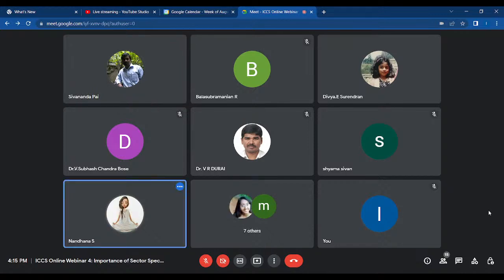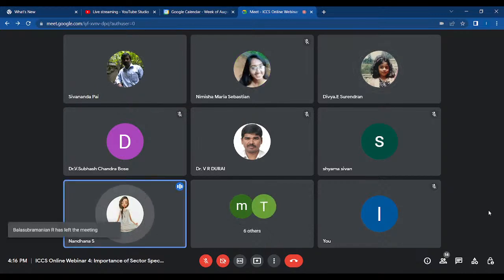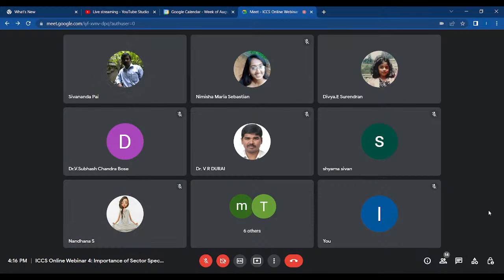Hello, ma'am. Ma'am, I have a doubt. How can you define this base temperature? Can you explain it once more? Divya, did you get the question? Pardon, I didn't get the question actually. Nandana, once again. Hello, ma'am.